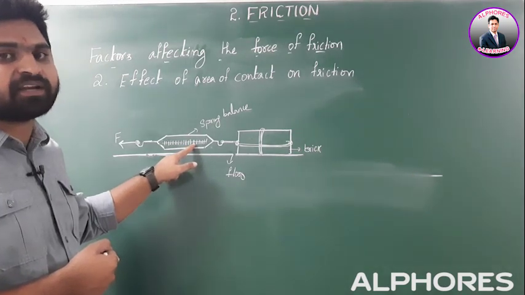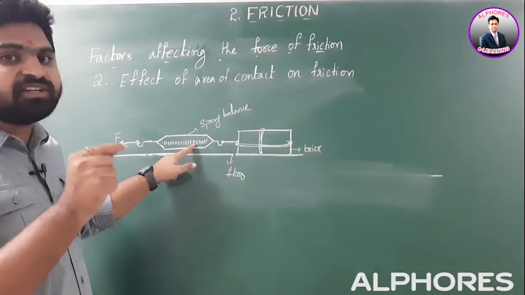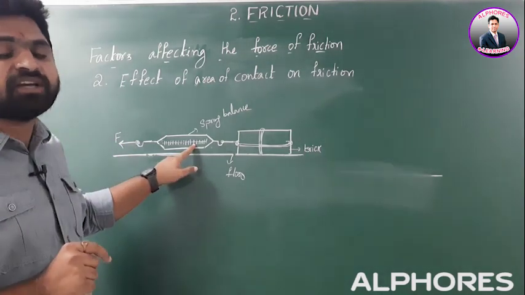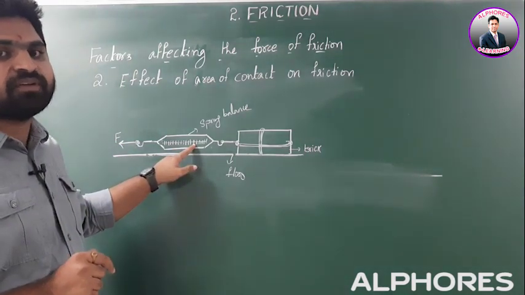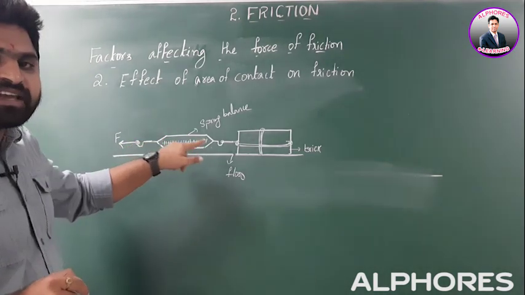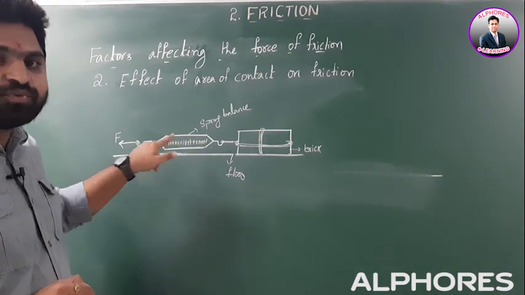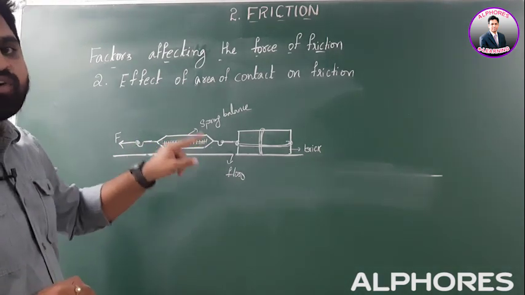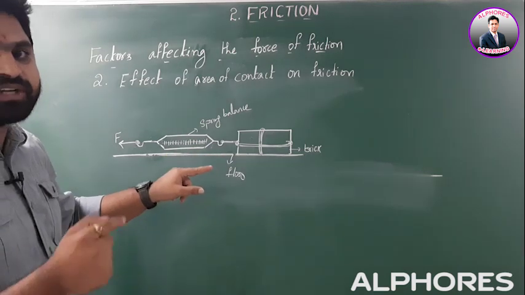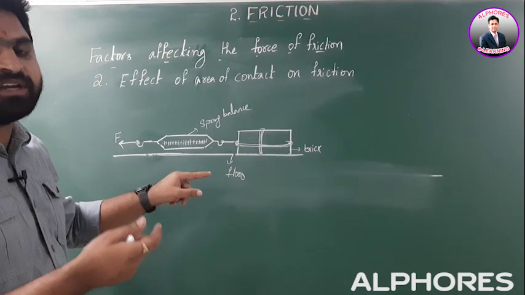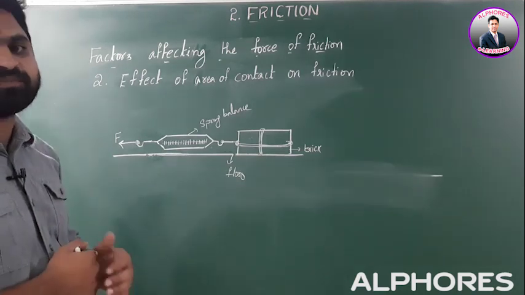This change in length is directly proportional to the applied force. So when you apply force, the scale in the spring balance moves, which gives the value of applied force in newtons, though some spring balances may be in terms of kilogram weights also.